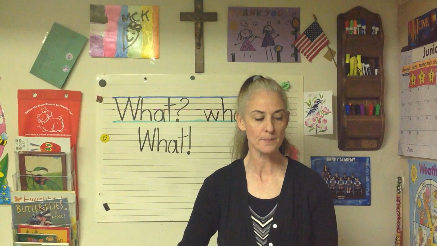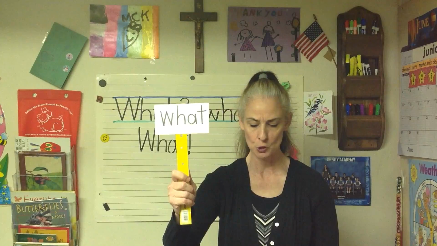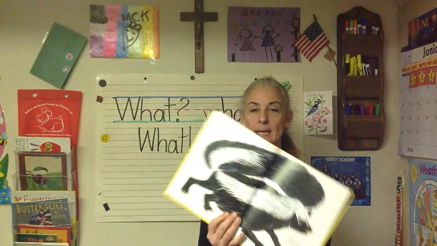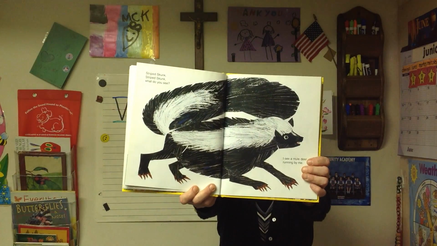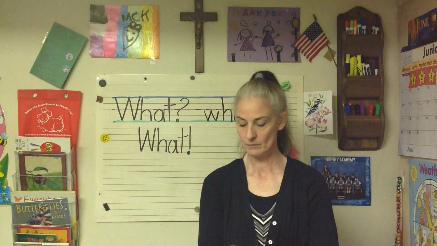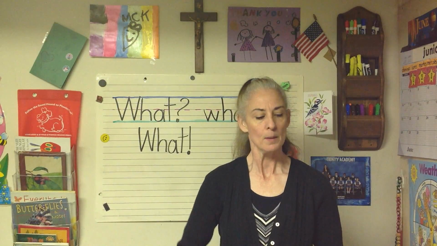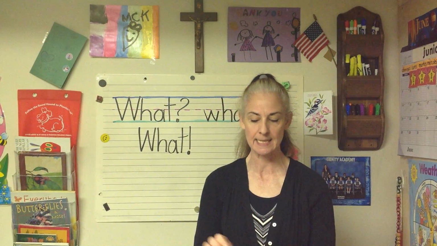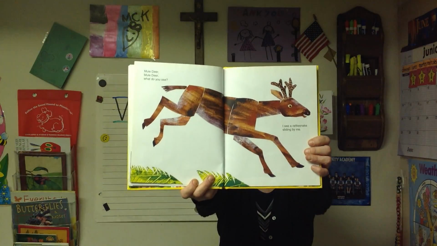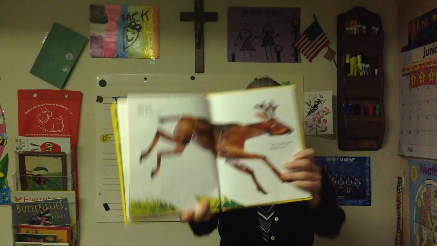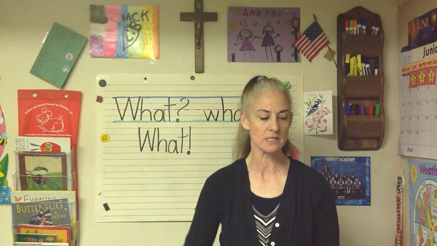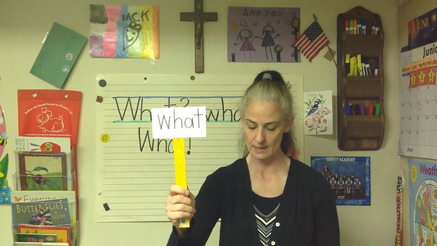Striped skunk, what do you see? I see a mule deer running by me. Mule deer, what do you see? I see a rattlesnake sliding by me. Rattlesnake, what do you see?